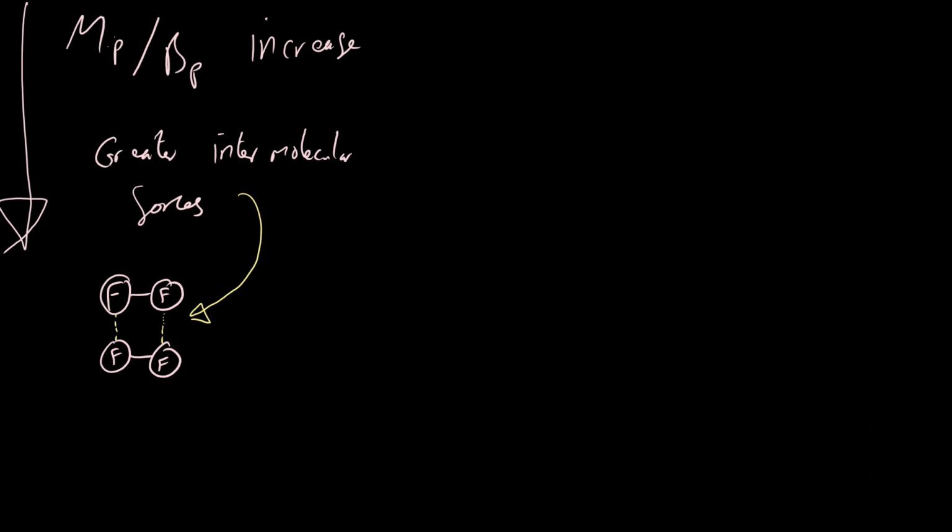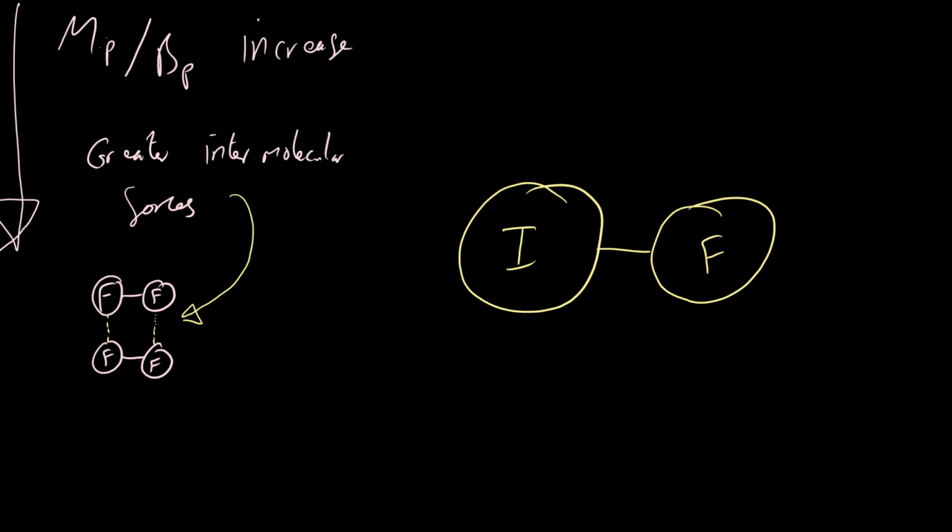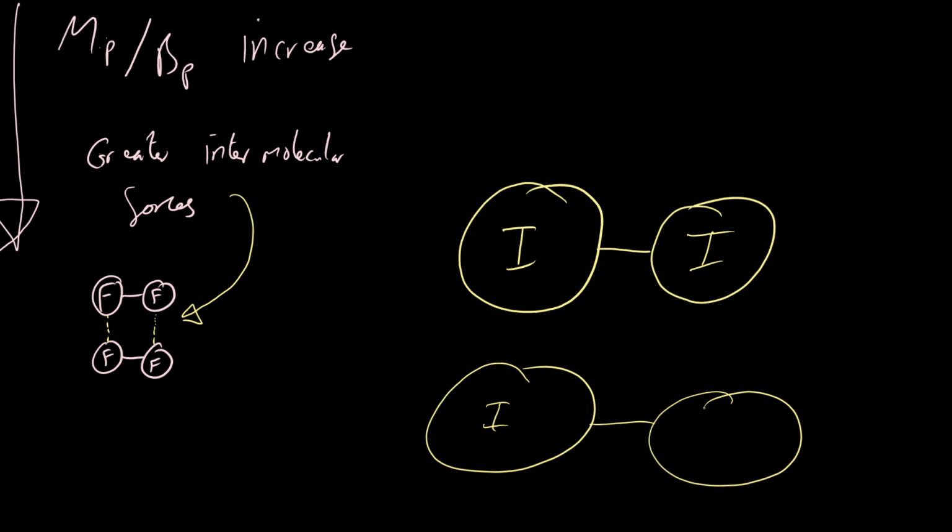Now, on the flip side, if I had iodine, now iodine is way bigger than fluorine. Now this is not to scale, iodine is even bigger in comparison to fluorine, but we're just going to draw it like this so you get the idea. Now iodine obviously travels around as molecules as well, but for the intermolecular forces, as you can see, there's a way larger area for them to act because of the size of the iodine.